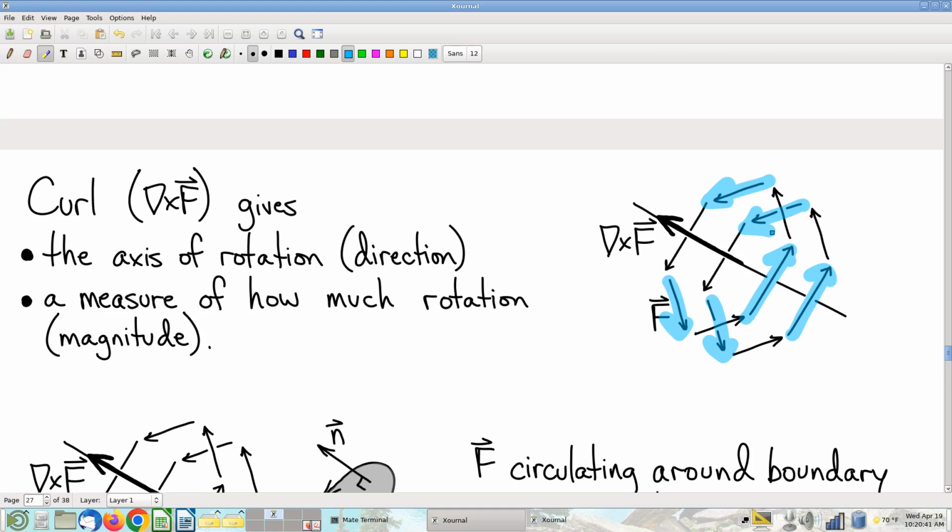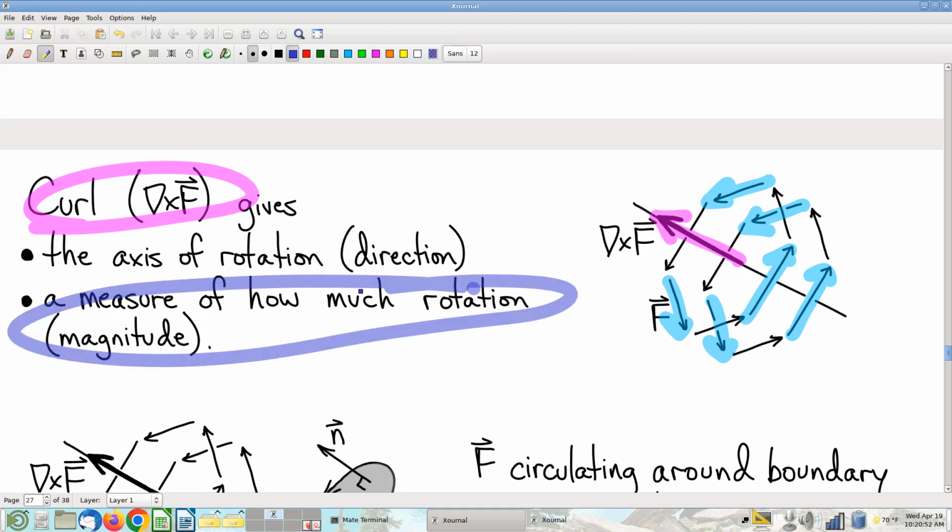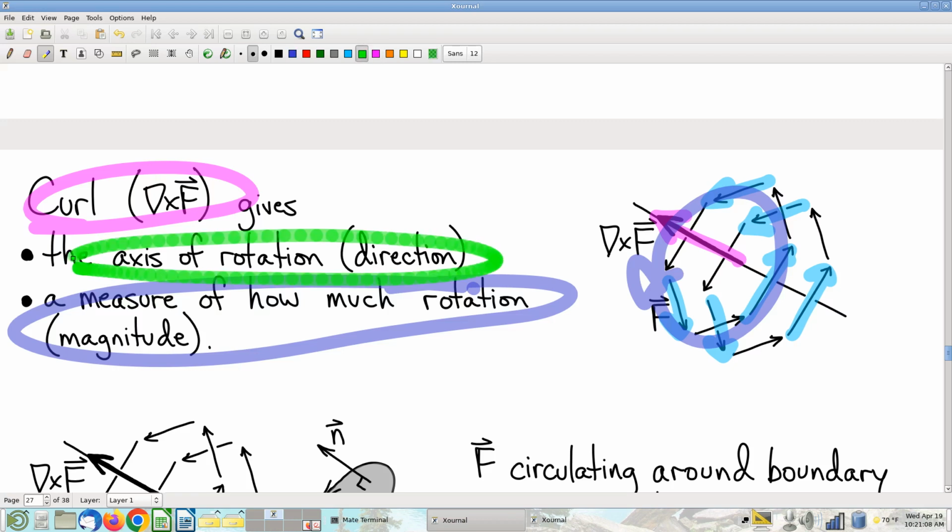So the curl vector is going to tell you two things. It's going to tell you how much of a rotation there is. How violent of a twister is this, right? Is it a fast rotation around an axis, or is it a kind of gentle, slow sort of thing? And then it's going to tell you what the axis is that the rotation is rotating around.